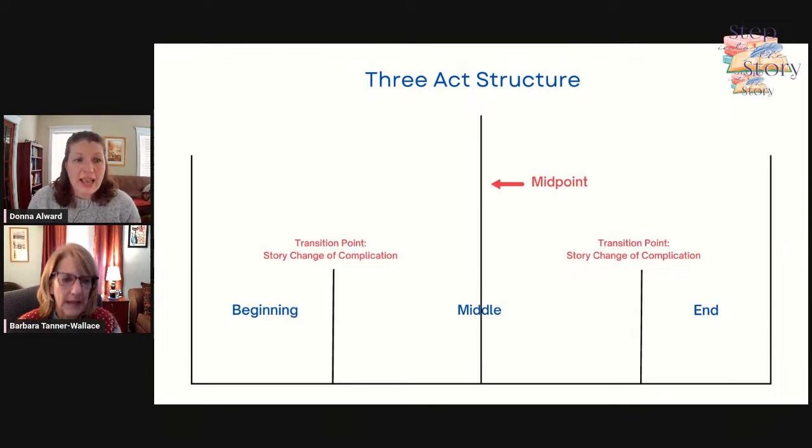Like we talk about the sagging middle. And a lot of times it's because you need to go deeper with your plot, or you can't be circular with it. So I don't use a beat sheet or any chart of any sort that shows me when I'm supposed to have action.